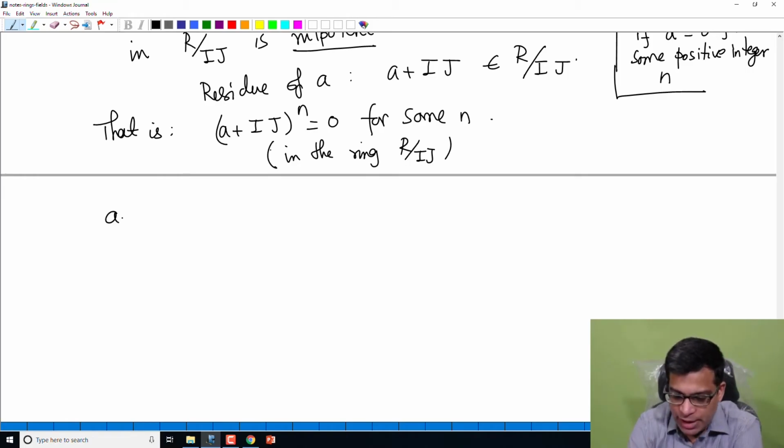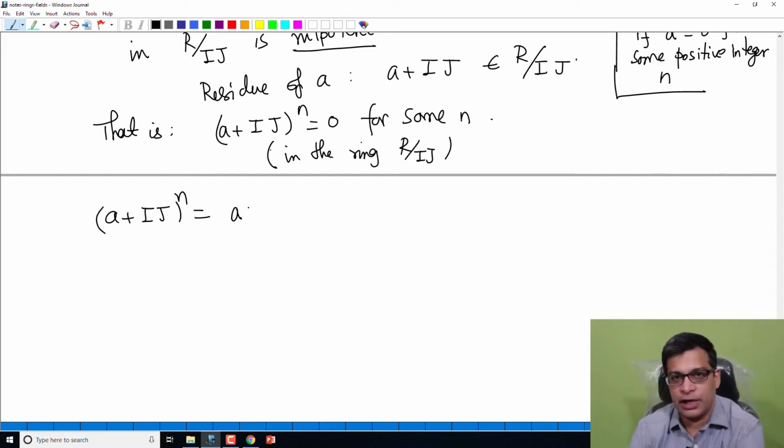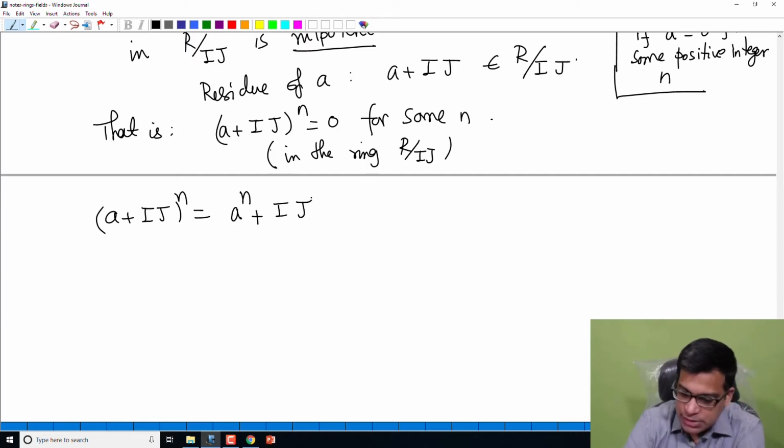But remember, what is (A plus IJ) power n? Under the definition of multiplication in the quotient ring, this is simply A power n plus IJ. Let me write 0 bar here, because 0 might be confused with the 0 element of the ring. So 0 bar is the 0 element of the ring R mod IJ.